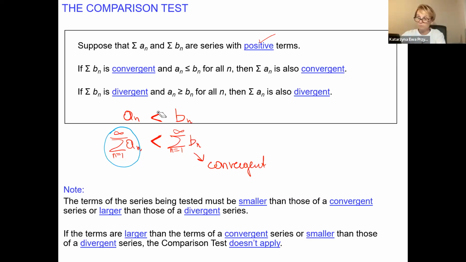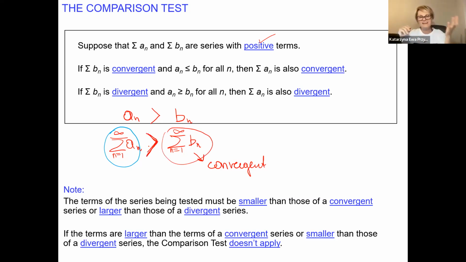If you figure out that B sub n is convergent, but for some reason the relation goes the other way, we cannot use comparison. Because if this is convergent, the sum exists as a finite number.